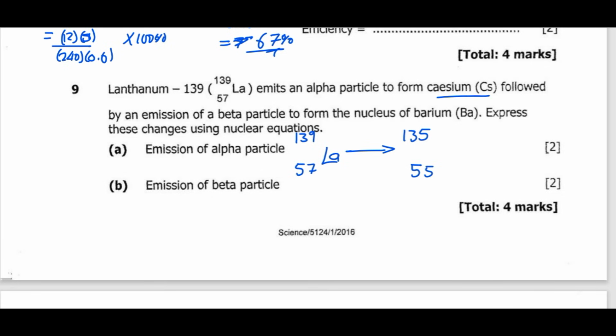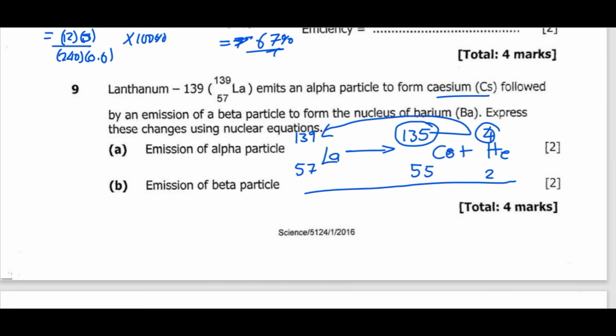Then we are told we are forming cesium, Cs, plus He4. So this is our equation for the first one. Remember, whenever you add these numbers, they must add up to this number. Same applies, this plus this must add up to this number. Then emission of beta, so cesium is our parent now, 135, then 55.